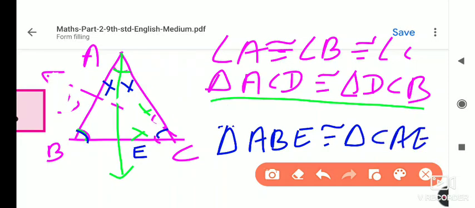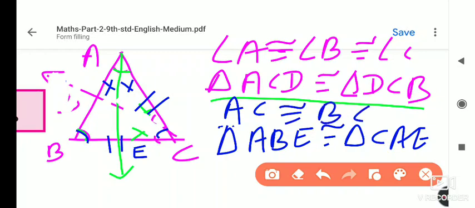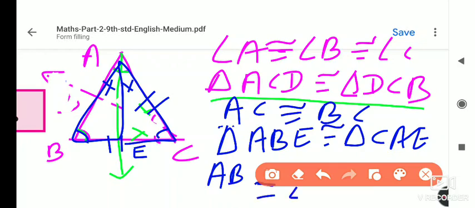So here, from triangle ACD, AC is congruent to BC. Show AC is congruent to BC. And if triangles ABE and ACE are congruent to each other, then AC is congruent to AB.